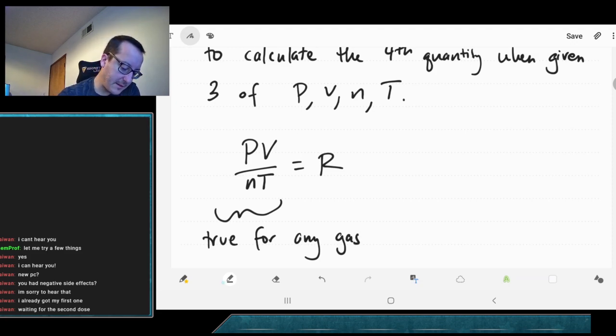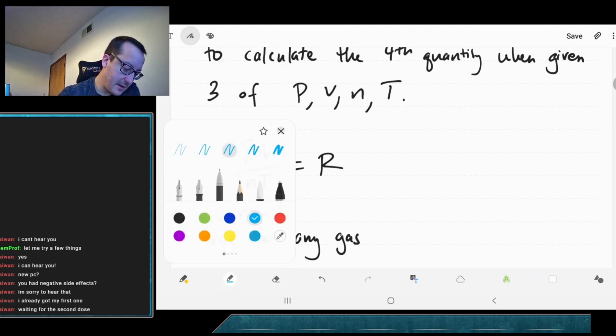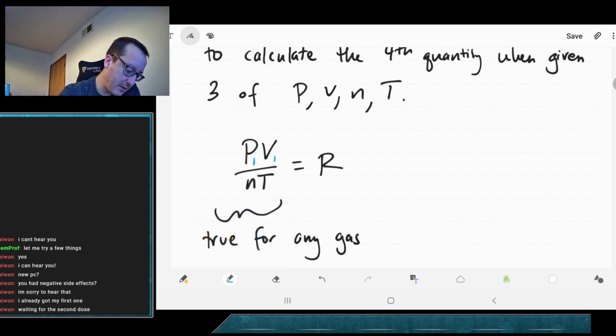We can arbitrarily decide to call all of these subscript 1. So for gas 1, it has a certain pressure, certain volume, certain moles, certain temperature. And those all have to equal R when you plug them in here. So we'll just say that's gas 1.